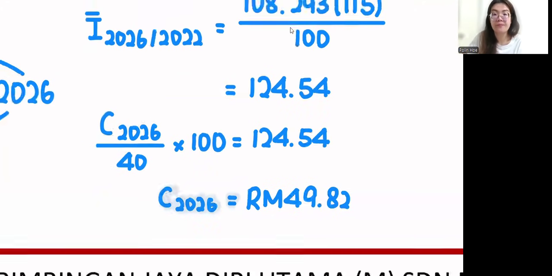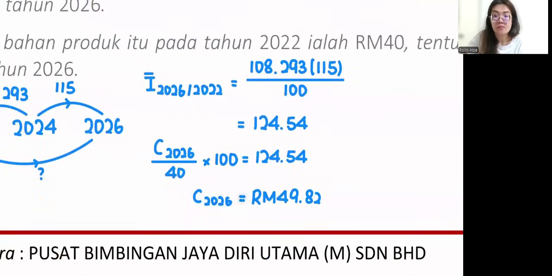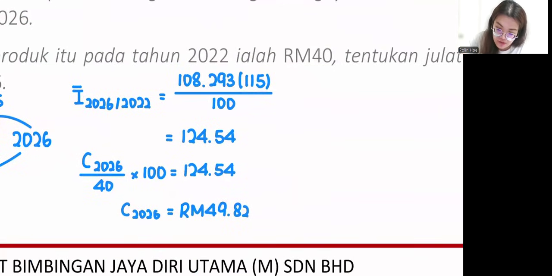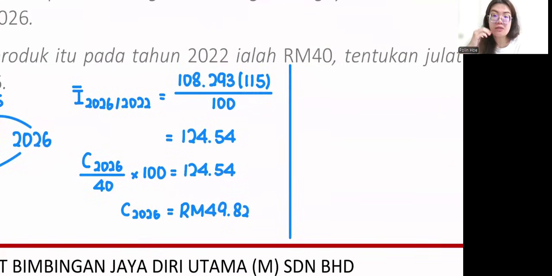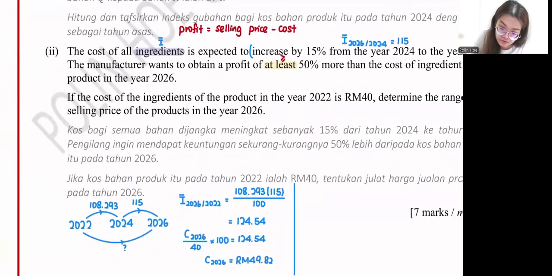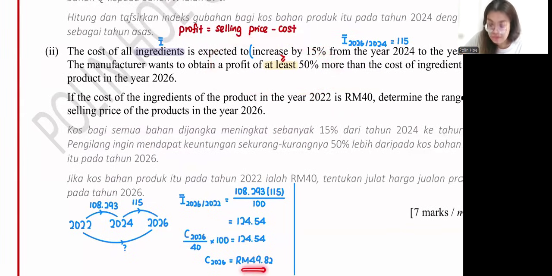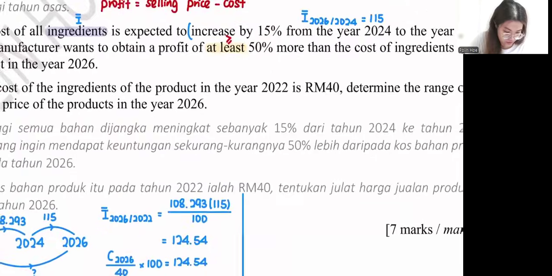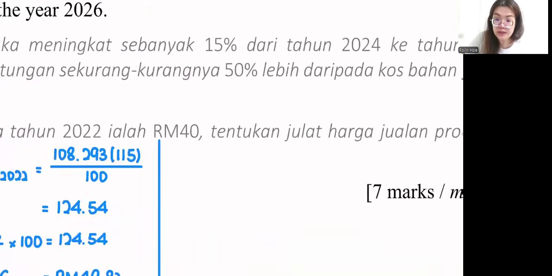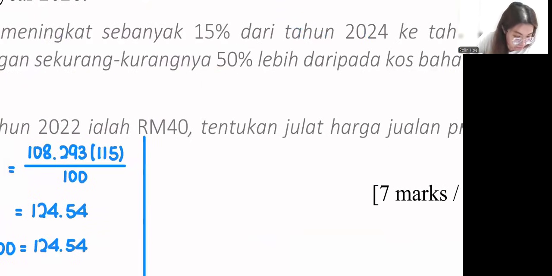Okay. 可是他说他的 selling price，他问你 what is the minimum selling price if they want to have at least 50% profit，他的 profit 要是 at least 50% 的。So the cost plus 50% of the cost. We are calculating the minimum selling price.